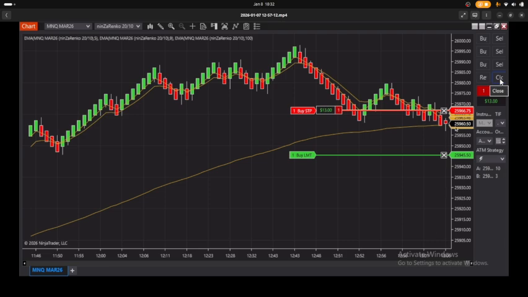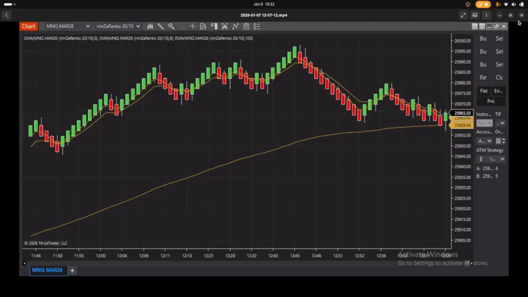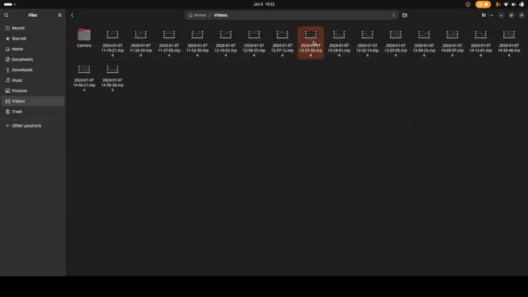I kind of remember this thing messing around up here, going back and forth, jumping around. Almost up 10 points. Stopped out, break even. On to the next.